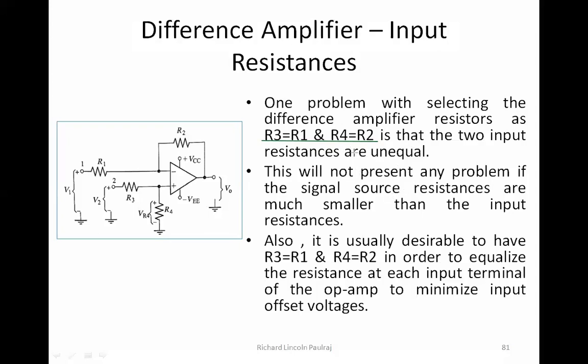If I take this into consideration, then what is going to happen to my R1 and R4? R1 is going to be different and R4 is going to be different. So my input resistance, you can see that R3 and R1 are the same, and the remaining are R4 and R2.